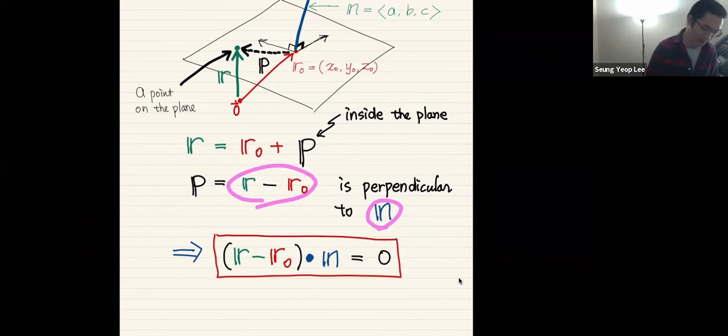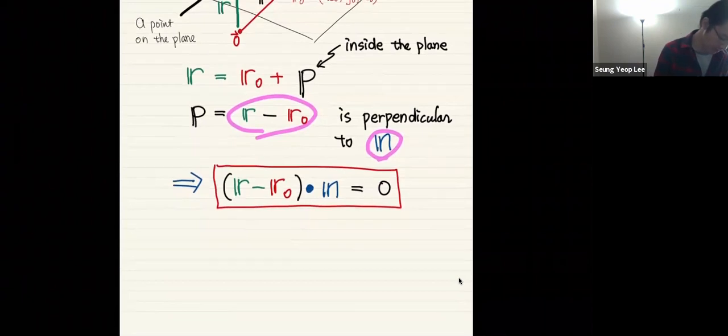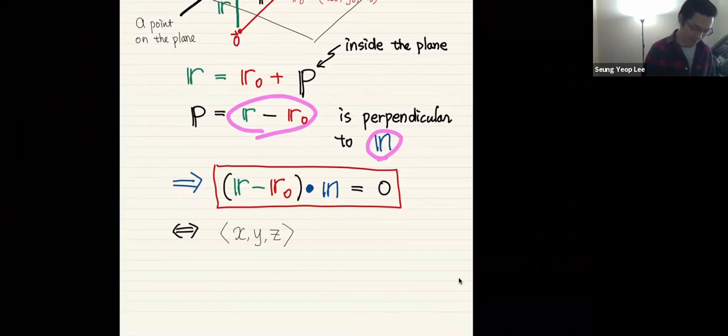So here R naught and N are given. These two are given. That's part of the data for the plane. Then this green R represents the point on the plane. So let me write that in terms of X, Y, Z. That's the same thing as X, Y, Z, which is R, minus X naught, Y naught, Z naught, which is R naught.